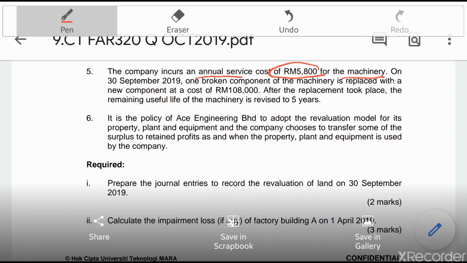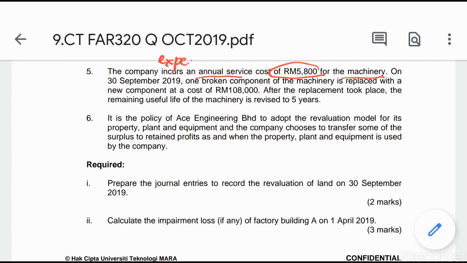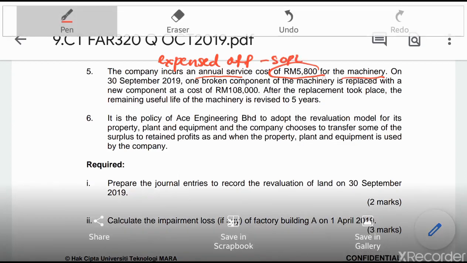So therefore, this annual service cost is something that you need to expense off in the SOPL. Why? Because it does not improve the future economic benefits beyond its existing capacity. And that happened in the same year, which is the current year.